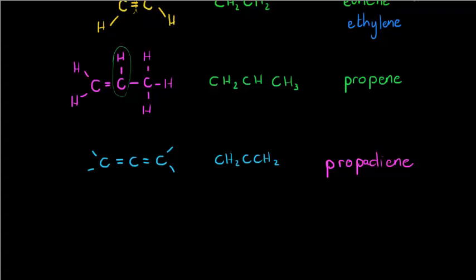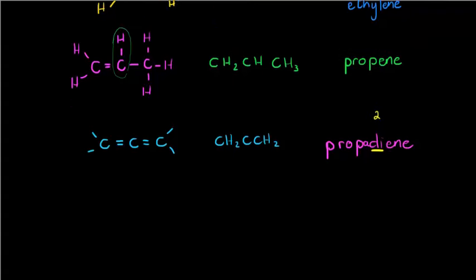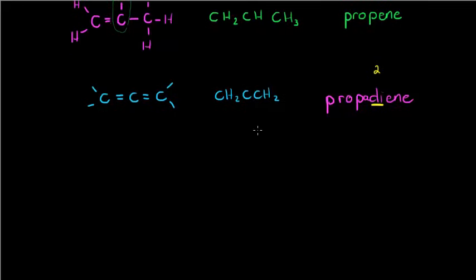But notice what we did. The moment that we had 2 double bonds, we had to indicate that we have 2 double bonds. We can't just call this propene because propene has 1 double bond. The moment we have 2, we include the di, which represents 2. Diene means 2 ene bonds, which are the double carbon bonds. Now, this is still fairly simple.